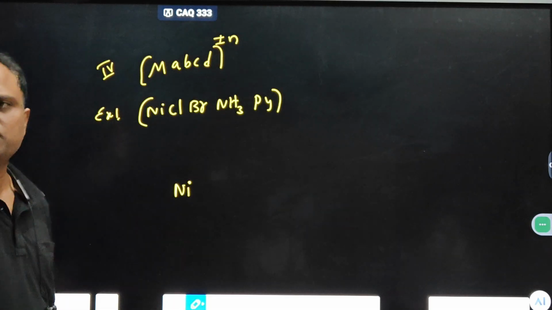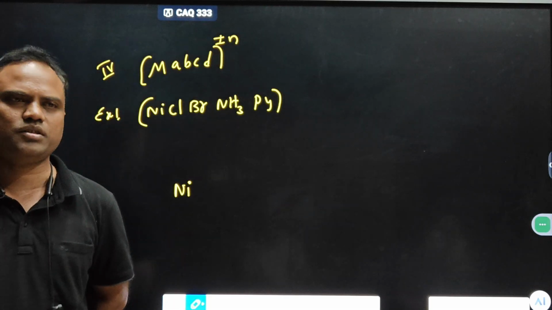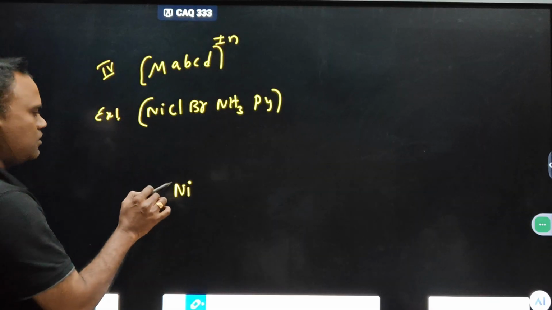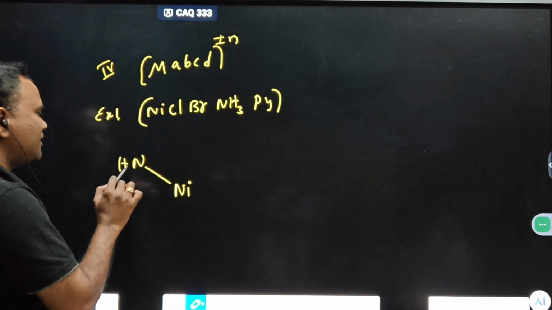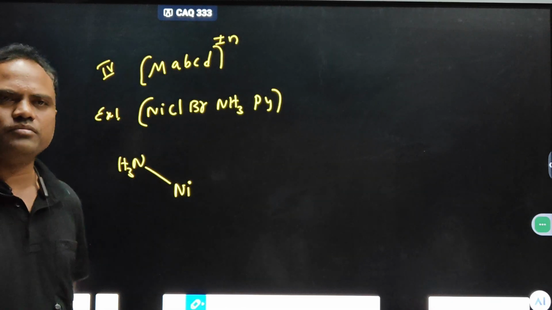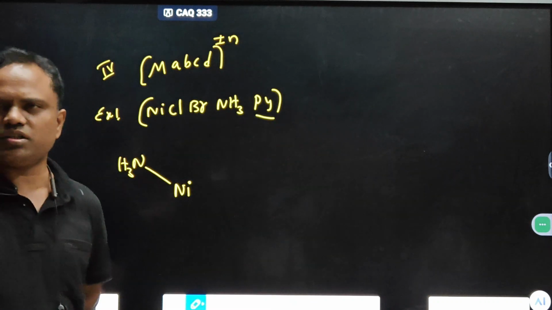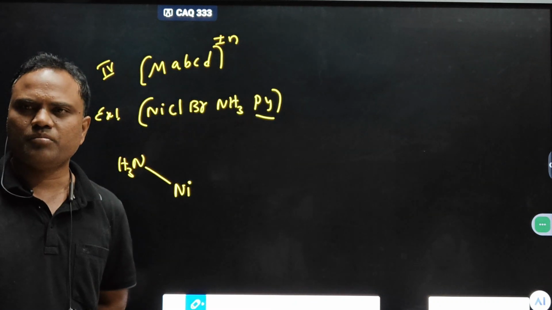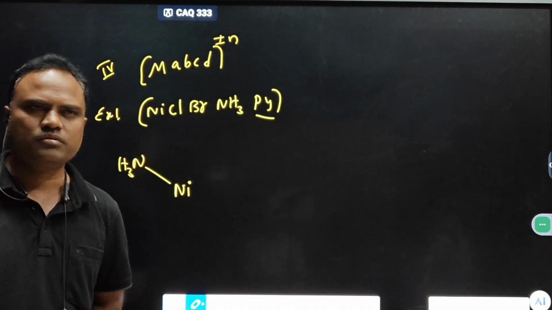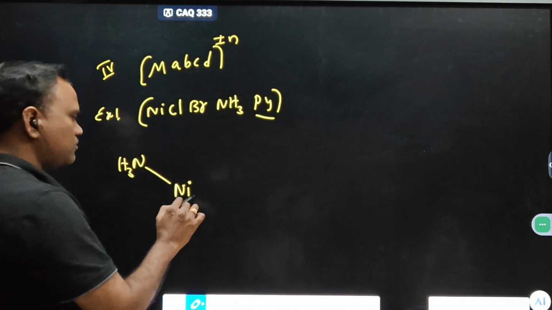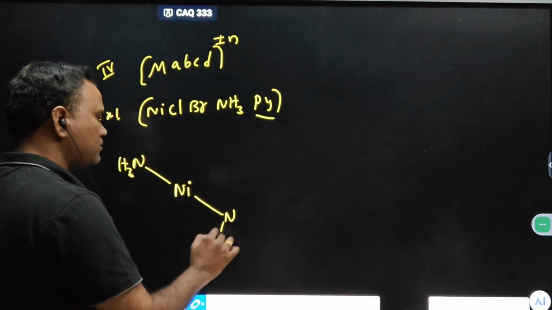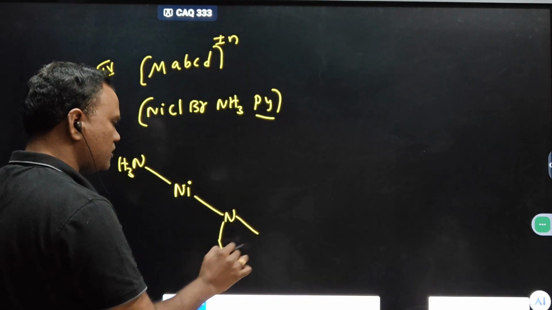How can we see whether it is cis or trans? See, in ammine, what is the donor atom? Nitrogen is the donor atom. PY stands for pyridine, which you already read in the ligands list. The donor atom in pyridine is also nitrogen.